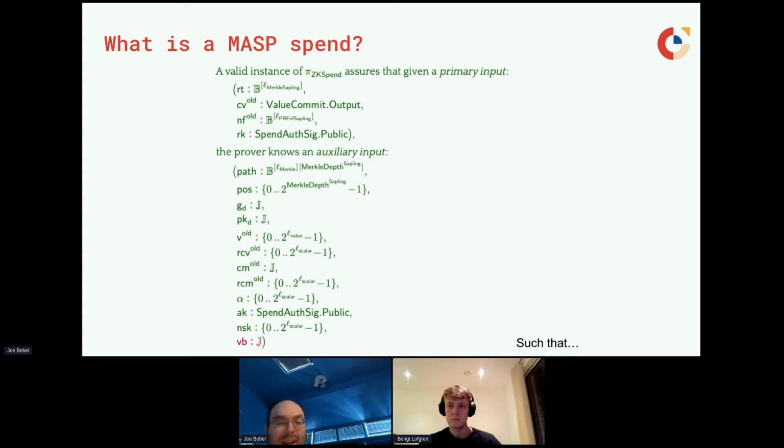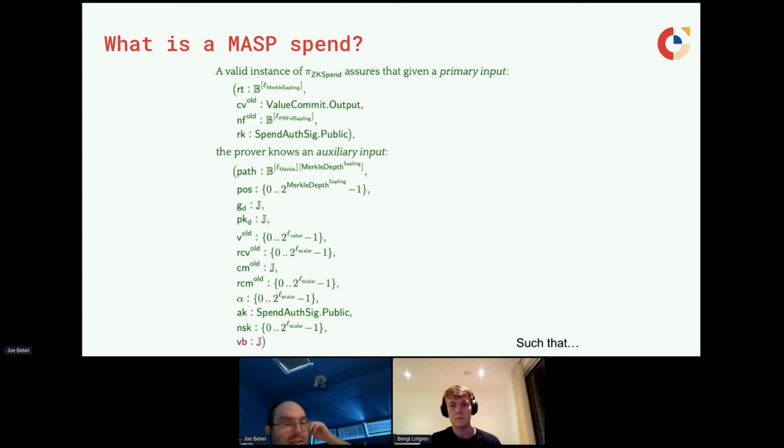All that's been added is that we add this private input of the asset generator, which I've used VB to represent for value base.